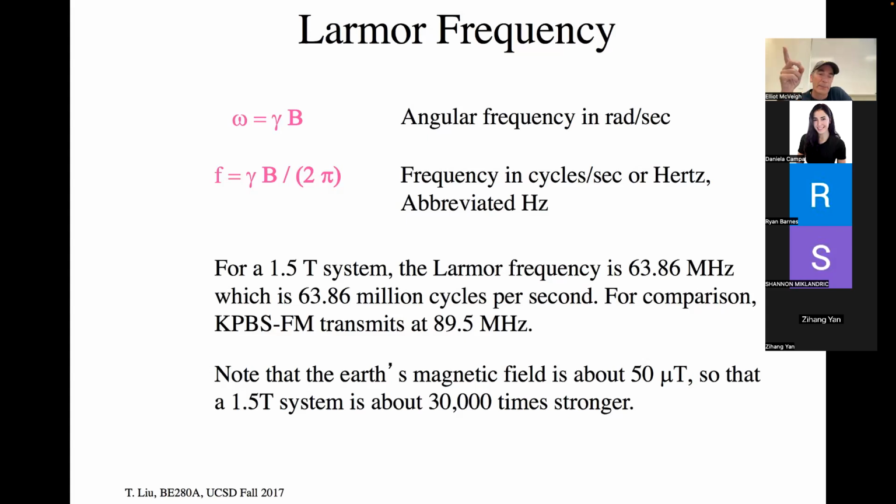And it turns out what's happening is that the protons, which are a spin 1/2 nucleus, are affected by a magnetic field, and they can be in one of 2 conditions. They can be in a spin up configuration or a spin down configuration.